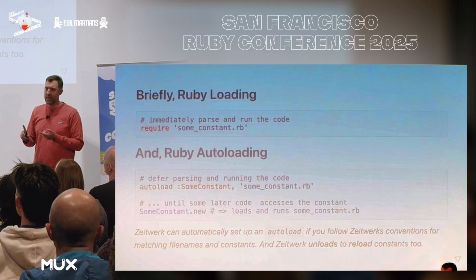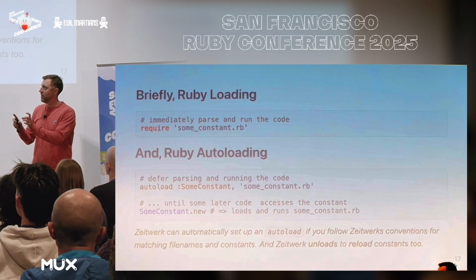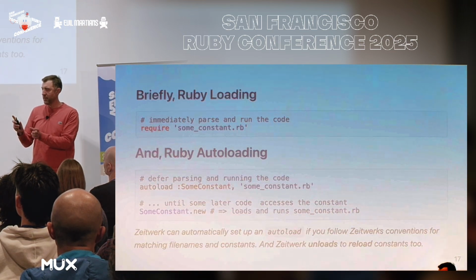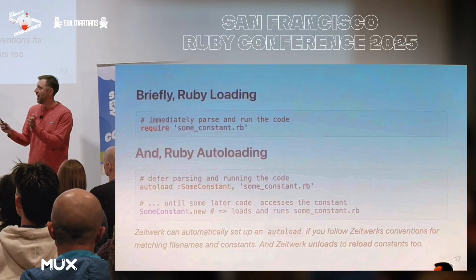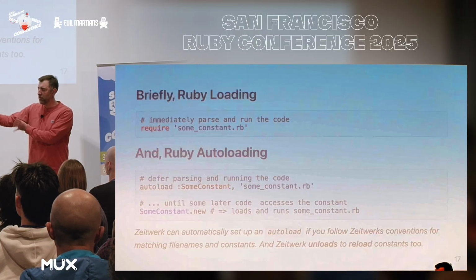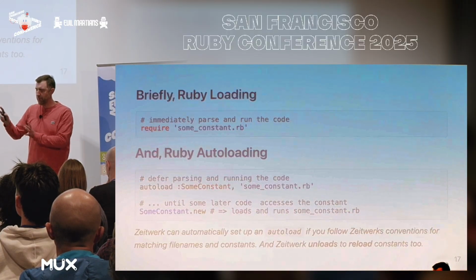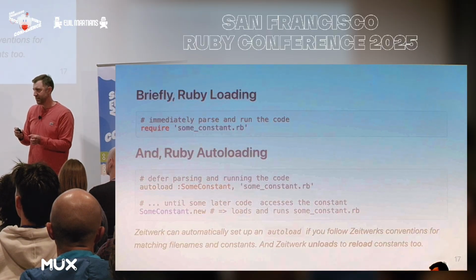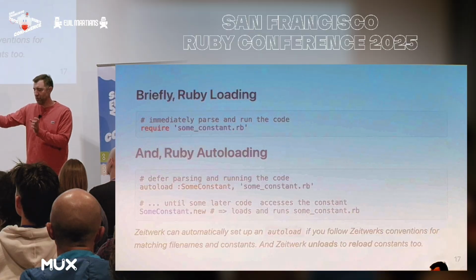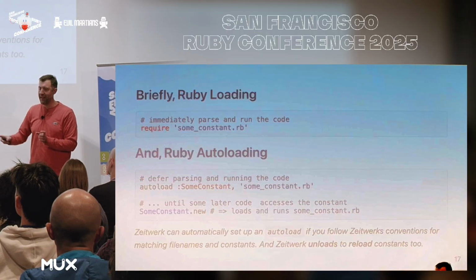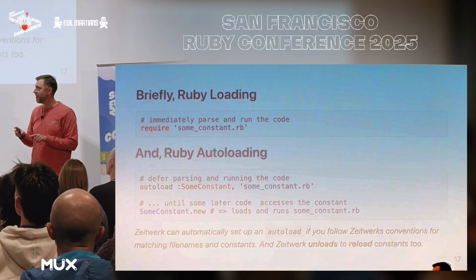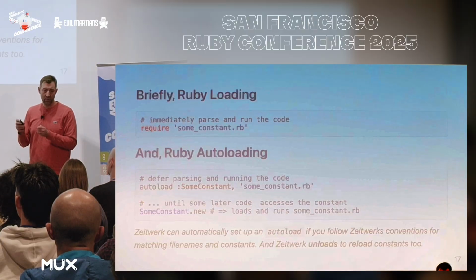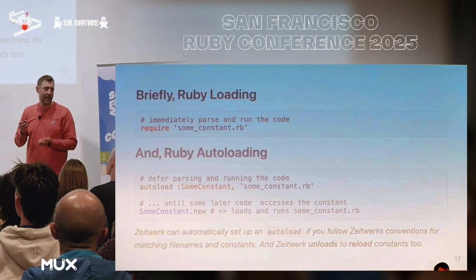And then auto-loading lets you define a relationship between a constant and a file, where it says, okay, don't load the file yet, but just know that when this constant is used, only at that point in time should you go and actually load this file, because you'll find the constant definition in that file. And Zeitwerk sets all of that up automatically.